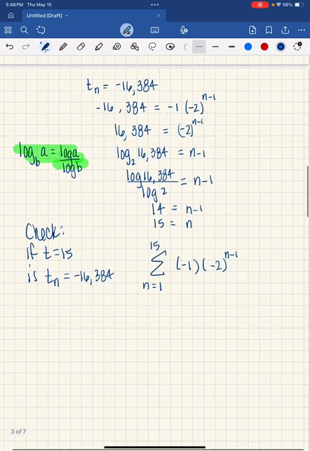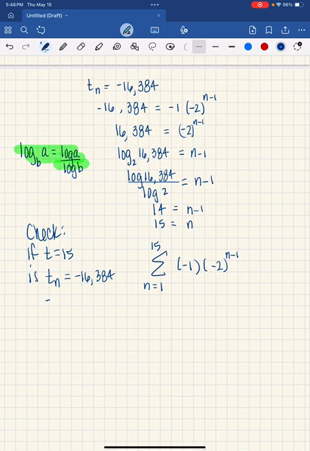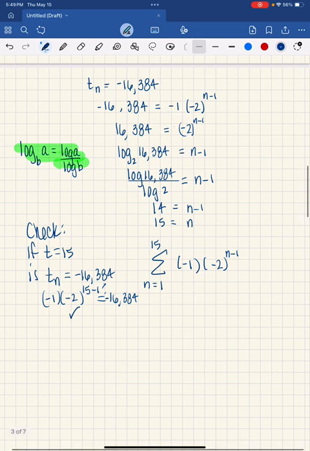Here's what I mean. Okay, so -1 times -2 to the 15 minus 1, does that equal -16,384? -2 to the 14th is 16,384, times -1 is indeed negative 16,384.